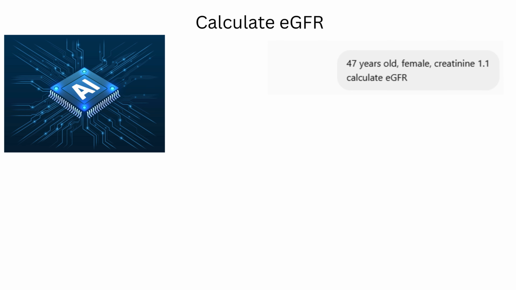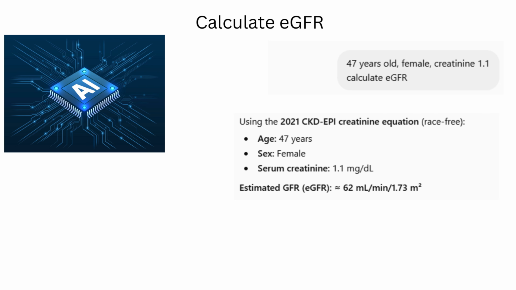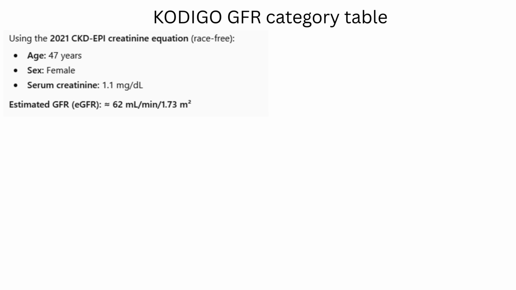So, how do we calculate the glomerular filtration rate? We enter the patient's age, sex, and serum creatinine into an AI tool and ask it to calculate the eGFR. It provides an estimate of the kidney's filtration rate. This estimated value is called eGFR, or estimated glomerular filtration rate.